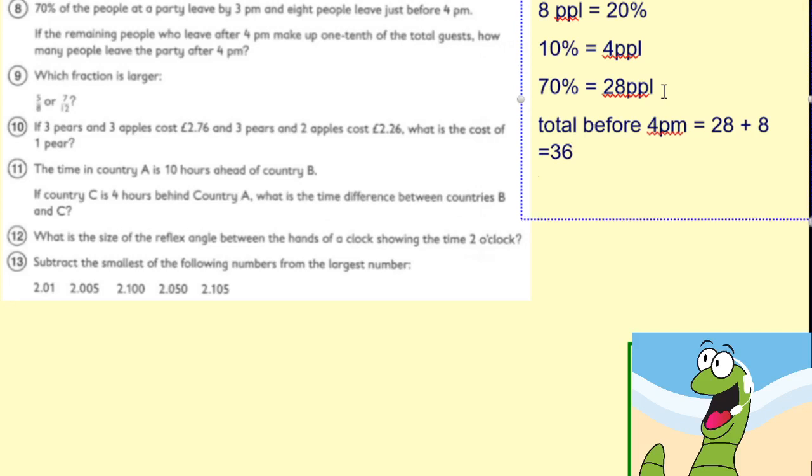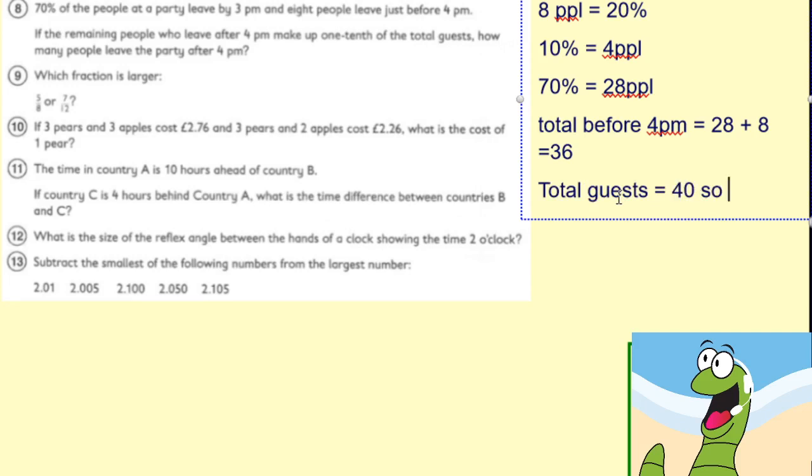So if we take the total of guests, because the remaining people who leave after 4 p.m. make up 1/10, so 1/10 or 10% is 4 people, so that means the total number of guests equals 40.